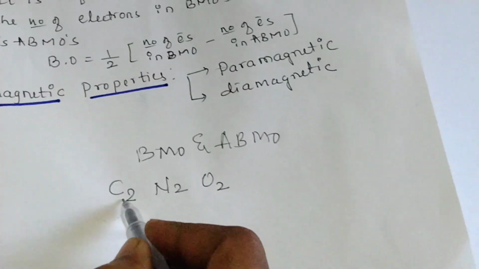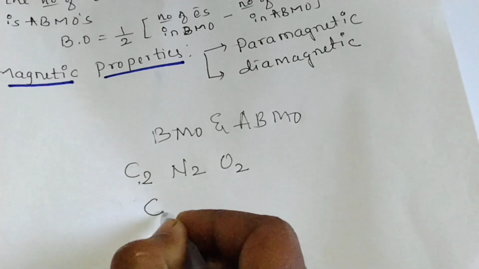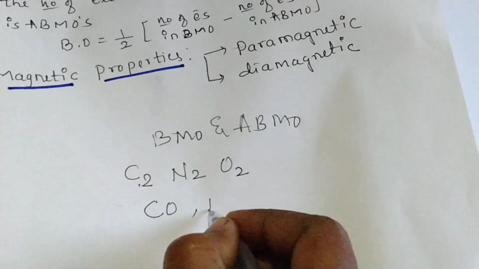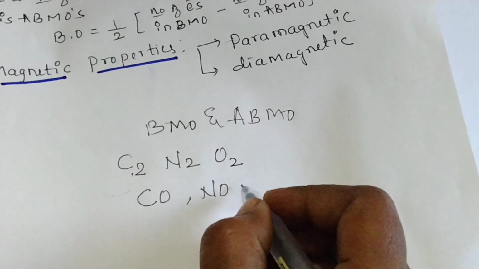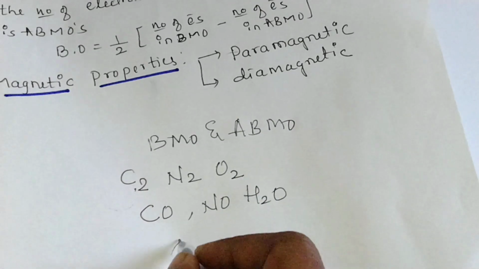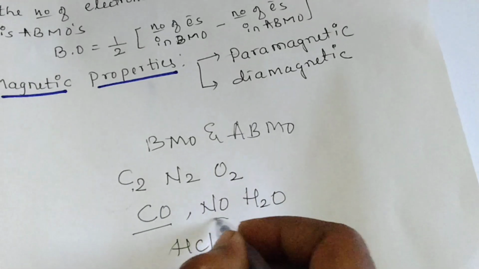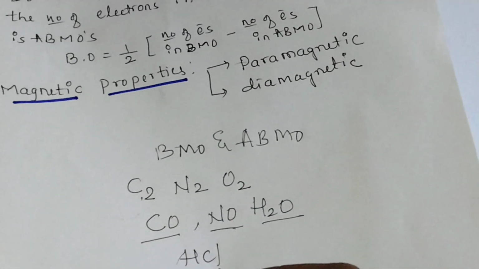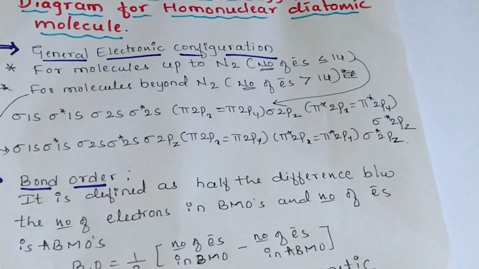Similarly, heteronuclear diatomic molecules are, for example, CO, NO, HCl. These are examples of heteronuclear diatomic molecules. Now we are going to discuss the homonuclear diatomic molecule.